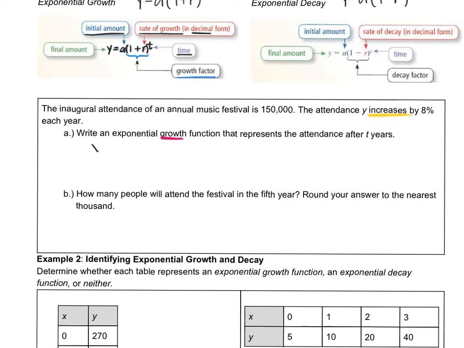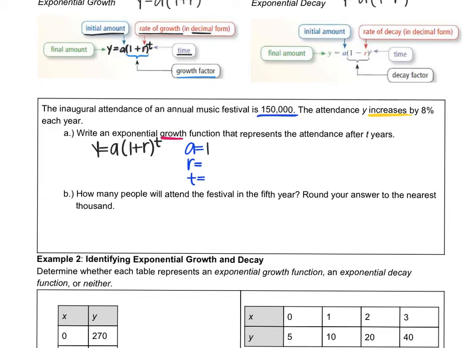That being said, I'm going to use y equals a times 1 plus r to the t power. Since I know that's the function I'm going to use, off to the side here I'm going to write a equals, r equals, and t equals, and try to fill those in. It says the inaugural attendance, that means the initial amount is 150,000.